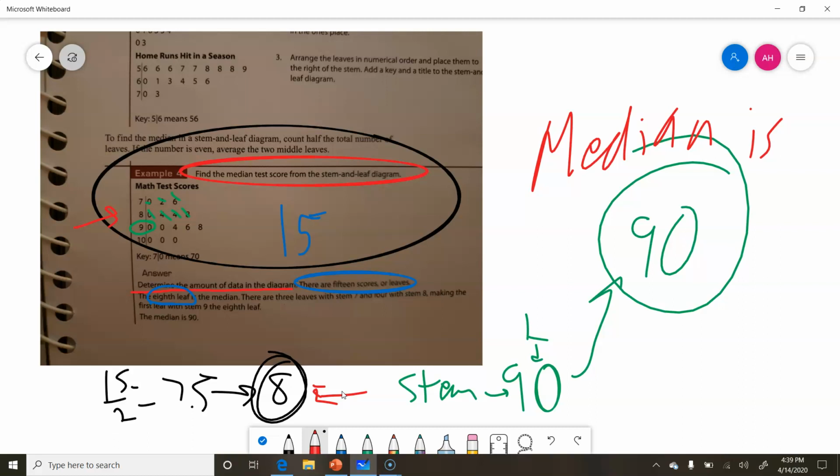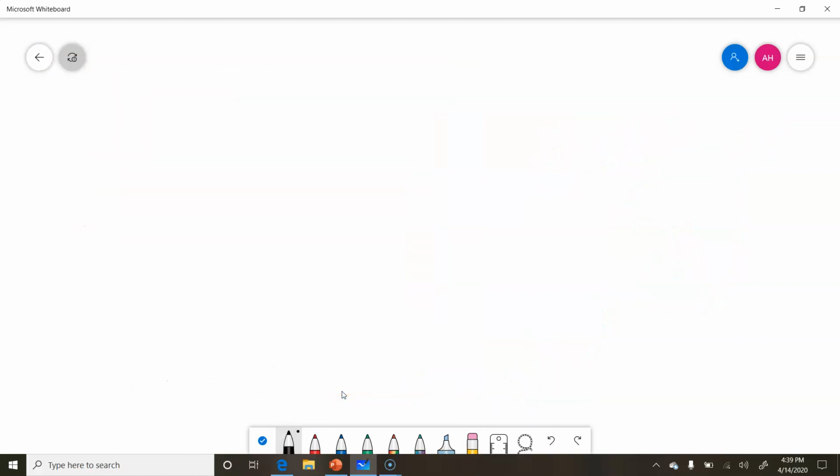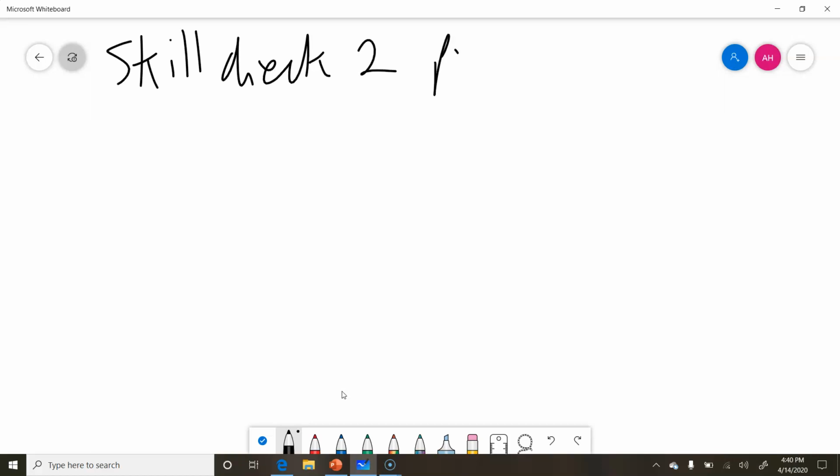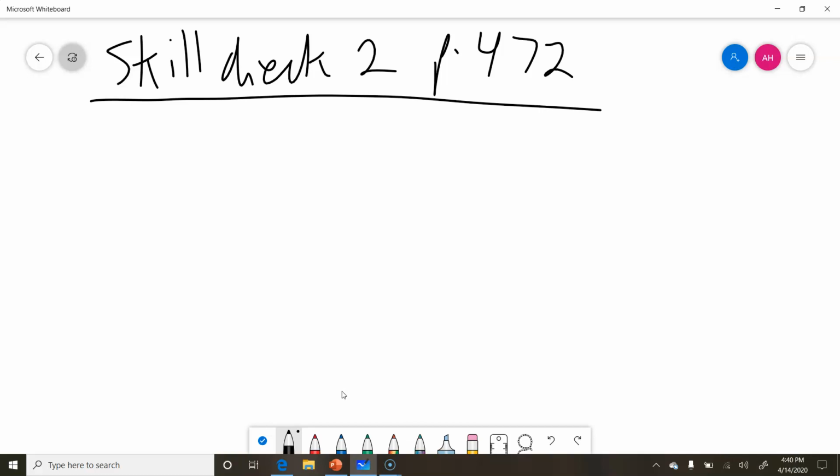Okay, one final example problem we're going to do before I give you the homework is this one right here. This is skill check 2, on page 472.